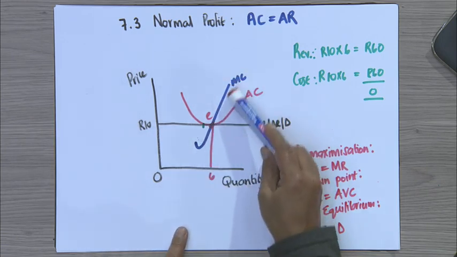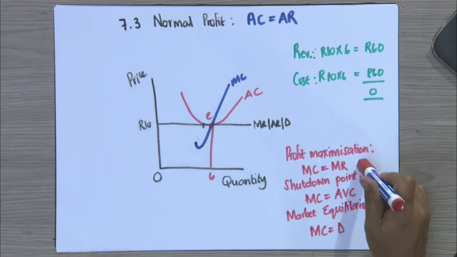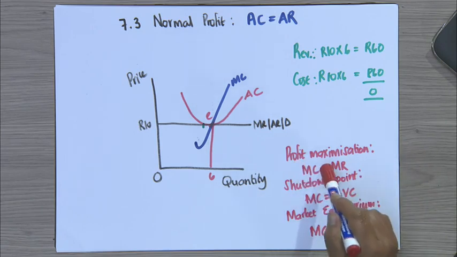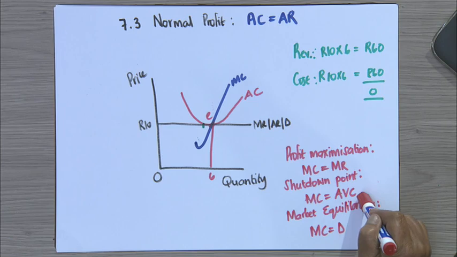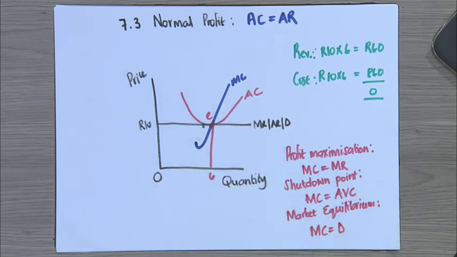At least that part of your MC curve represents your supply curve. So please, these are important to remember, right? Profit maximization, MC equals MR. Shutdown point, MC equals AVC. And market equilibrium, MC equals D, which is all at that same point.